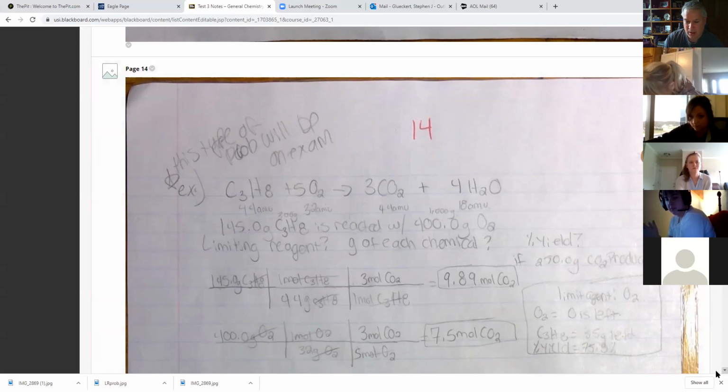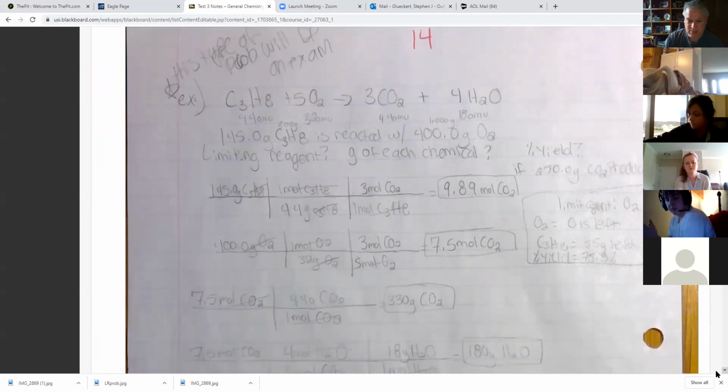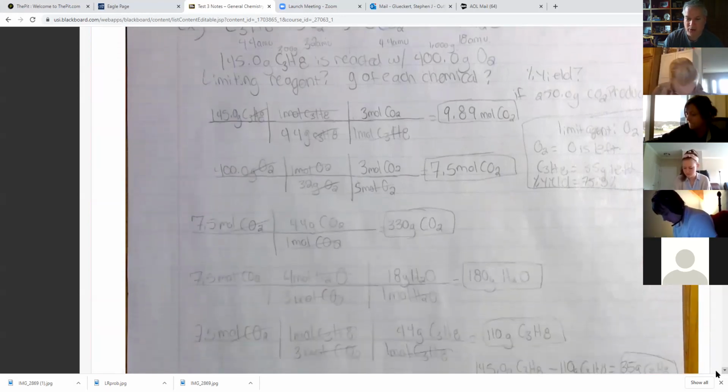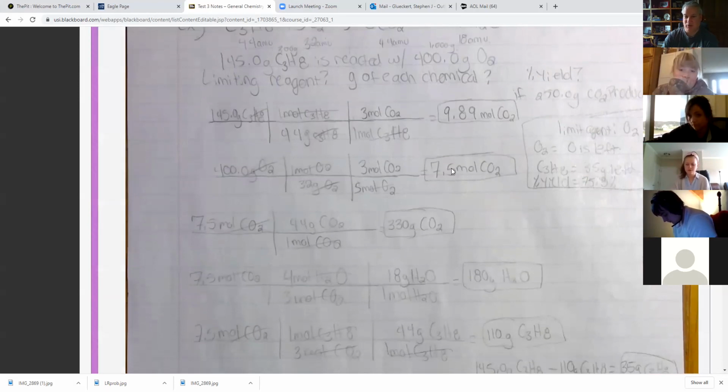Okay. So continuing on, again, all your important numbers, look at the 7.5 moles of CO2. The 9.89 moles of CO2 is irrelevant anymore; you never get there. All your calculations, 7.5 moles of CO2, we bring that down, and then relate it to the other substances.